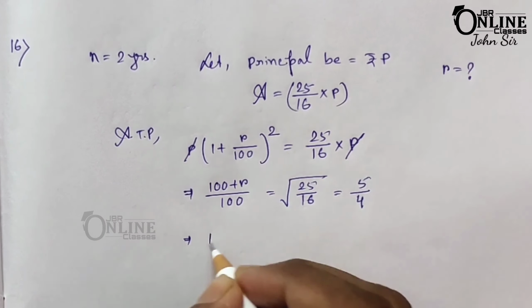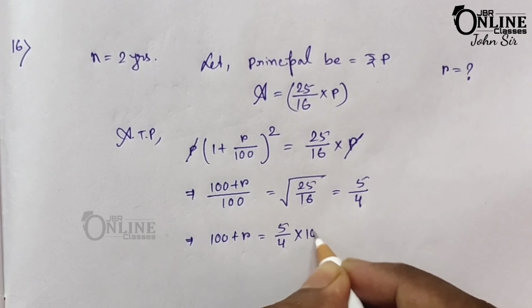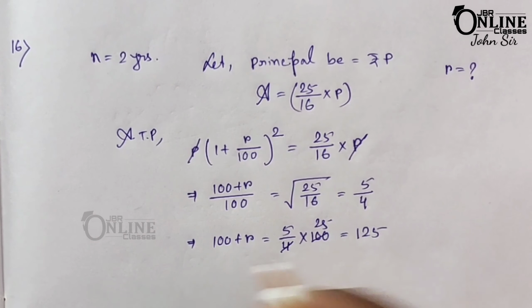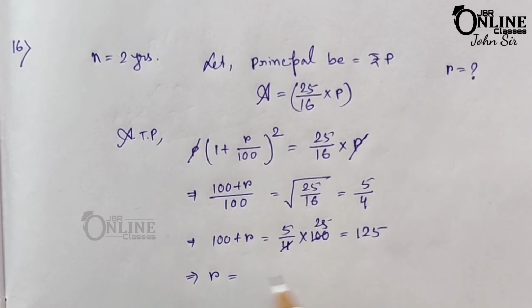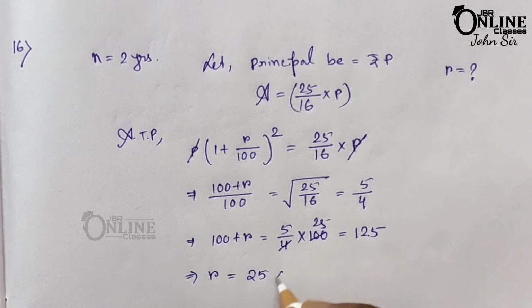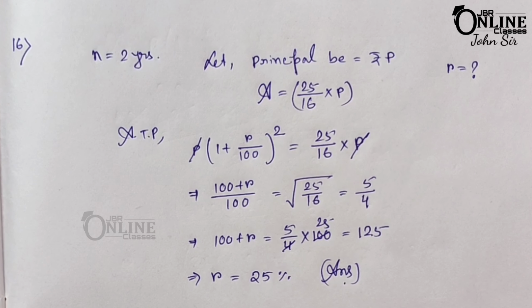Clear? So 100 plus r equals 5 by 4 into 100, so this becomes 25, so that equals 125. So r equals 125 minus 100 and it becomes 25%, and that is your answer.